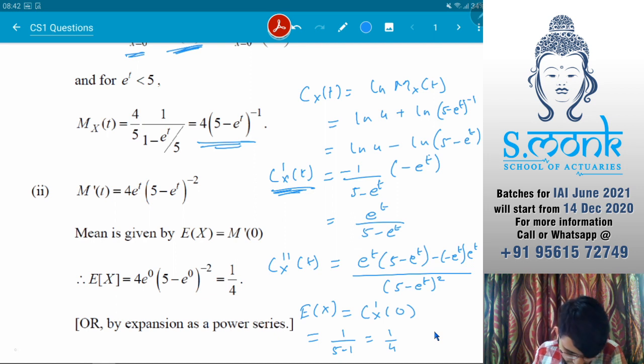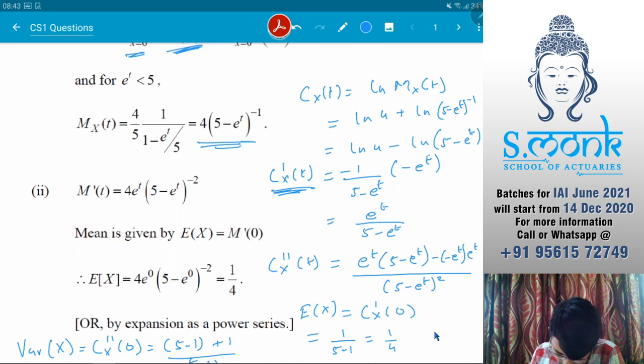And for variance, all I have to do is cx double dash 0, put t equals 0 here, so I'll have 5 minus 1, this became plus 1 upon 5 minus 1 whole square.